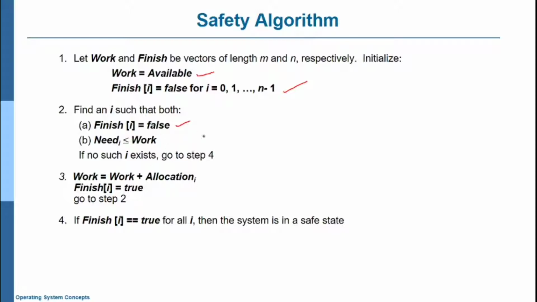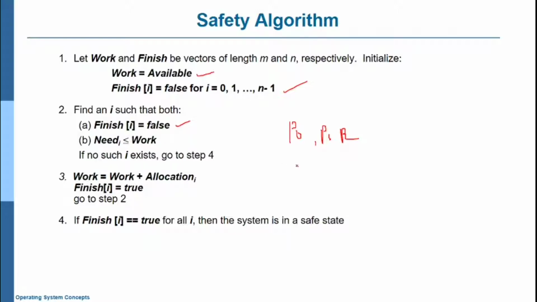Consider processes P0, P1 and P2 as an example. Process 0 has Finish equal to false. Yes, and Need of 0 is less than or equal to Work.